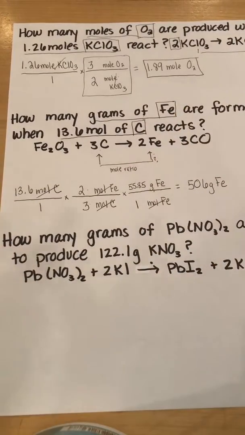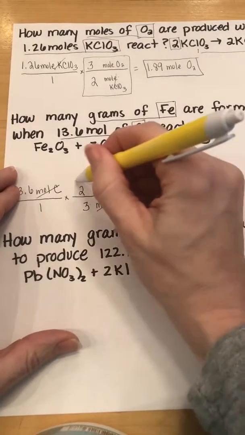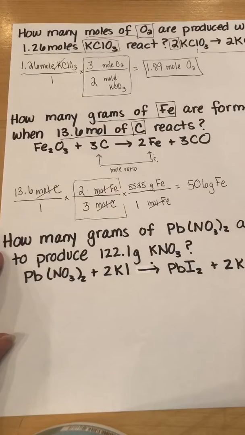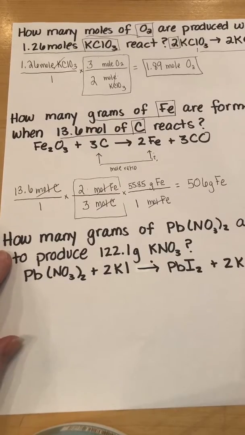Really in this Unit 3, this stoichiometry piece, when we're doing conversions, we did conversions in Unit 1, we did conversions in Unit 2, we're doing conversions again in Unit 3. The biggest difference is going to be this mole ratio step. That's the key that's going to allow you to change from one substance to a different substance.